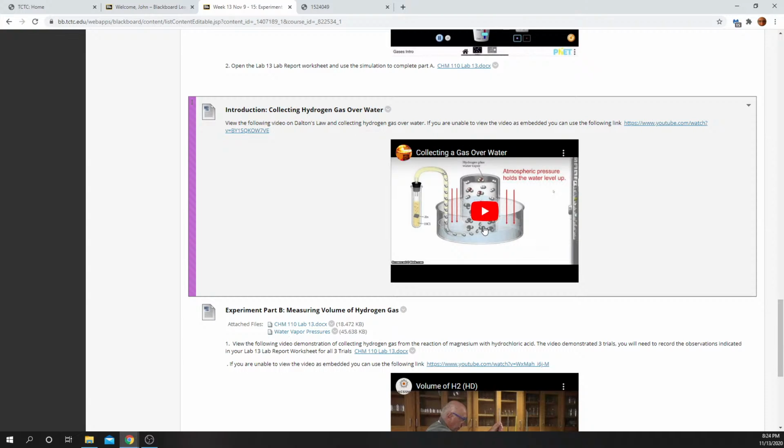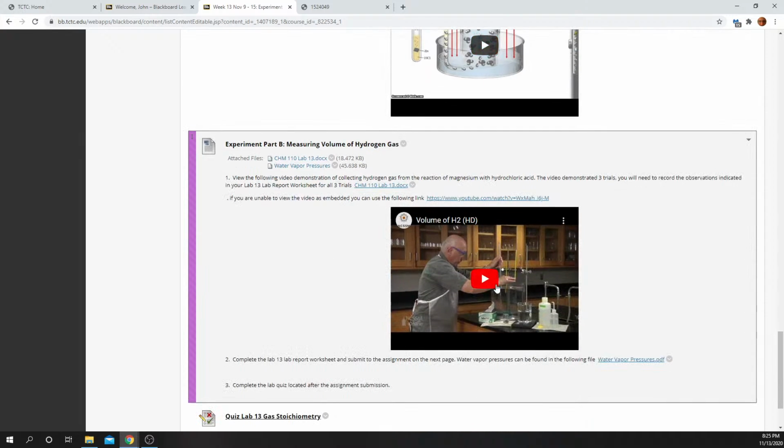The beaker is full of water, and it's turned upside down, and it will collect the hydrogen gas inside that beaker, and thus you'll get a changing volume of gas inside that container. And thus you will be able to measure the volume of that gas, and they'll have a nice detailed explanation about how you do that.